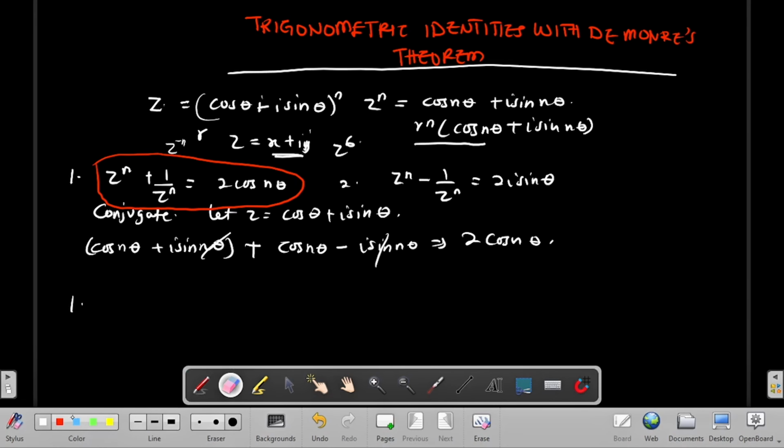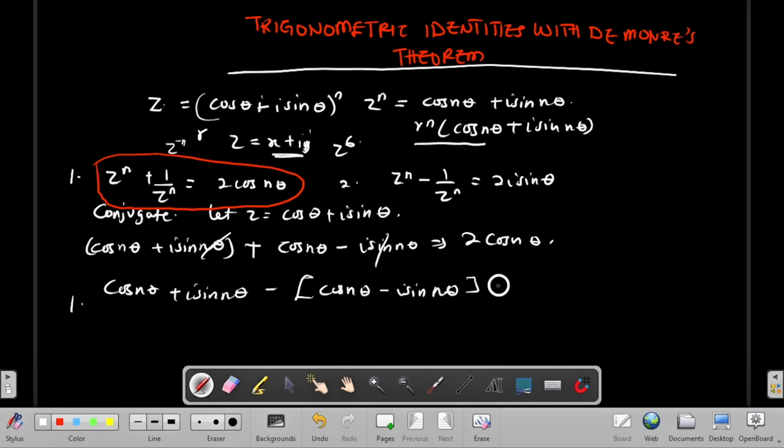So we are proving for this section. The first one is cos n theta plus i sine n theta, minus the inverse. So the inverse, I open my bracket: cosine n theta minus i sine n theta. Once I have this achieved, I close my bracket.